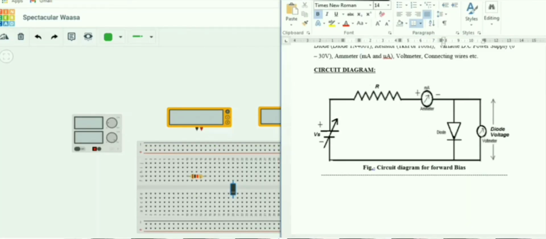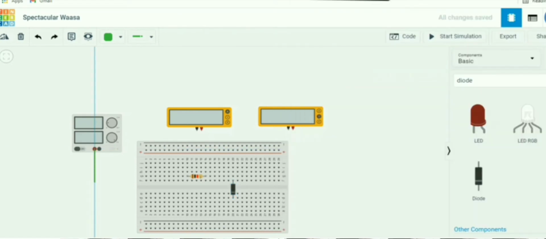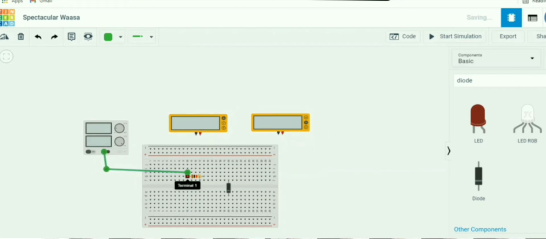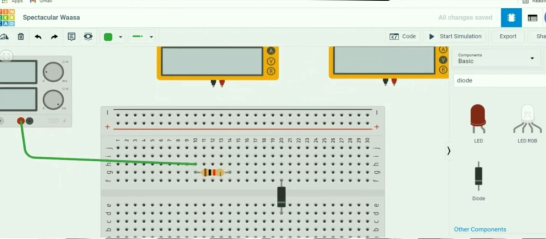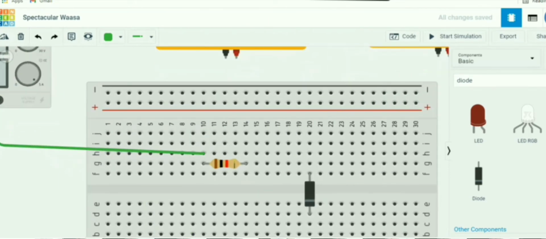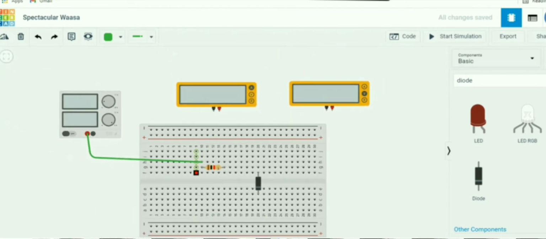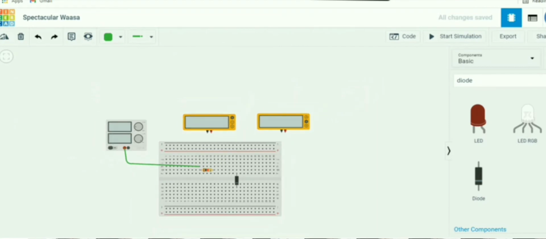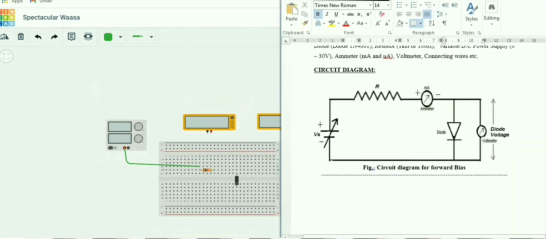Now connect the circuit. As per the circuit diagram, the positive of the power supply is connected to one terminal of the resistor. Another terminal of the resistor is connected to the positive of the ammeter.